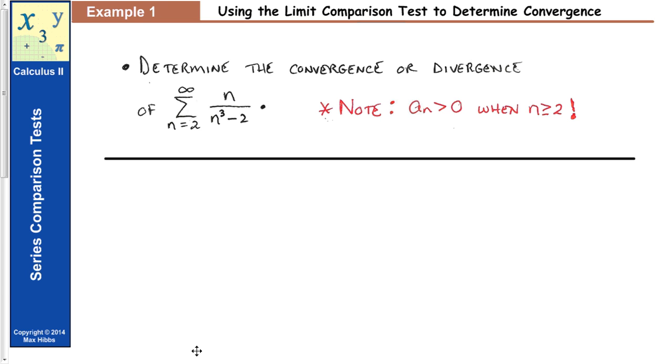And so that's the reason that we're concerned about having n greater than or equal to 2 here. Now, obviously, if we can determine that this series converges, then n equal 1 to infinity would also converge, because we're just adding one more term. Or if we determine this series diverges, then n equal 1 to infinity would also diverge, because we're adding an additional term.